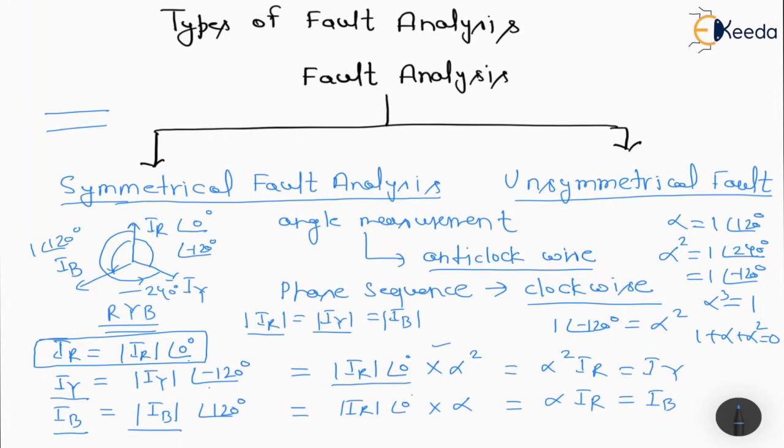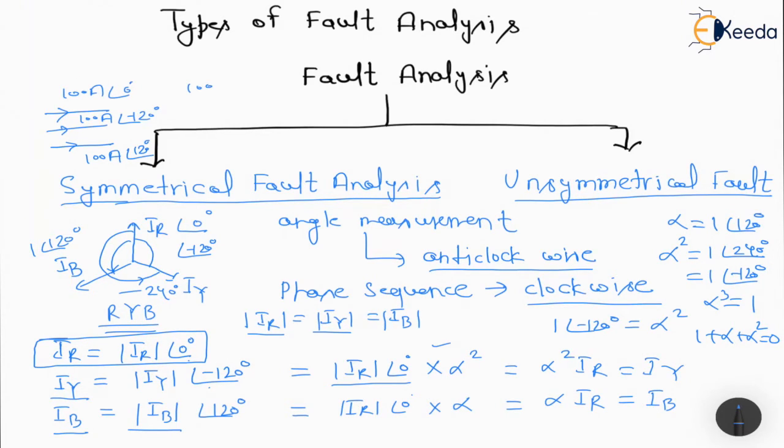Here these are the normal conditions and 100 ampere current is flowing in each branch, each phase. The magnitudes are equal and they are balanced, meaning this angle is 0 degrees. If this is the Y phase, then it has minus 120 degrees. If this is the B phase, then it has 120 degrees. After the fault comes, let us assume the magnitude has increased.